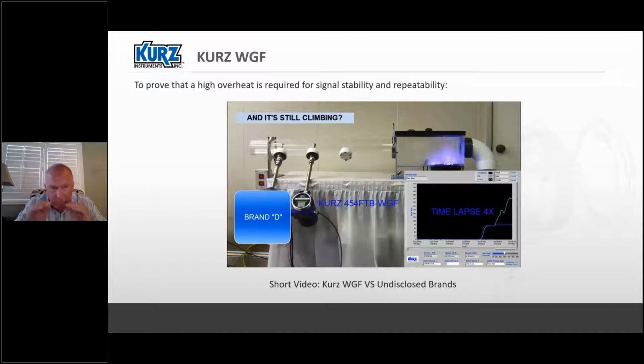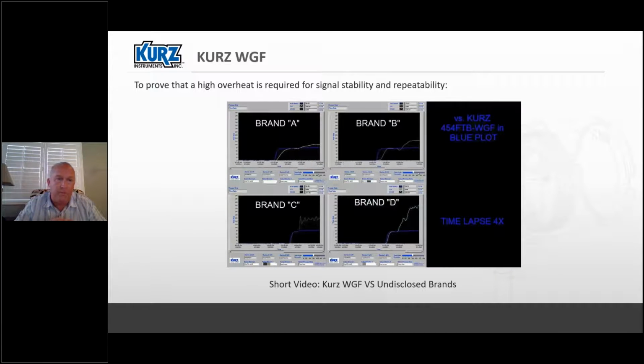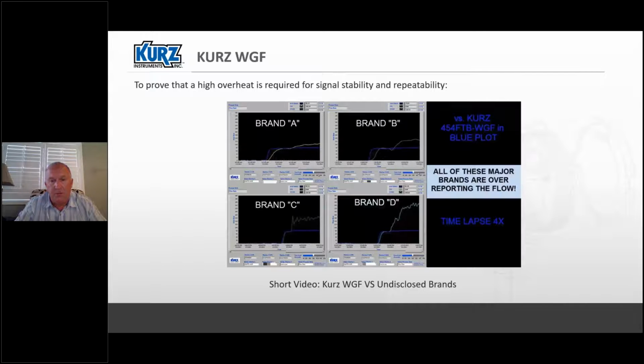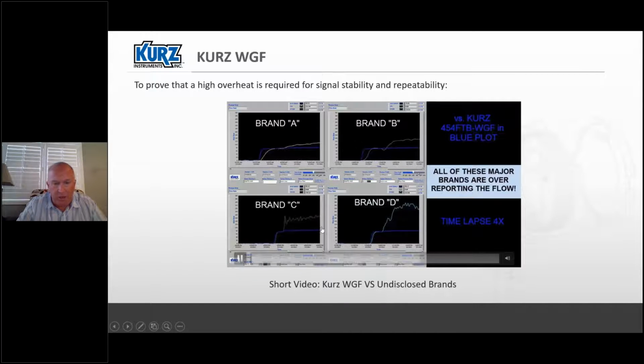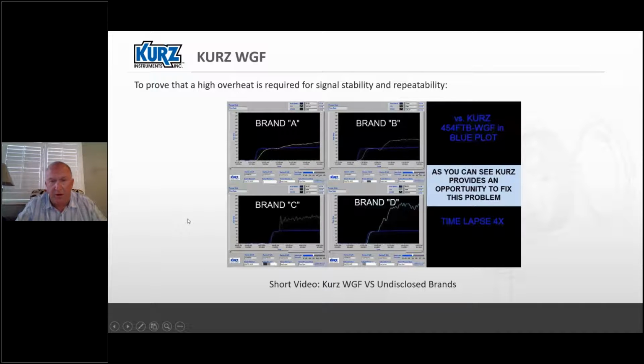And what we found is that the brands that had the lowest overheat had the worst over-reporting and stability problems. And the blue one is, of course, the KURZ wet gas meter here, so we know its performance based on the past video.